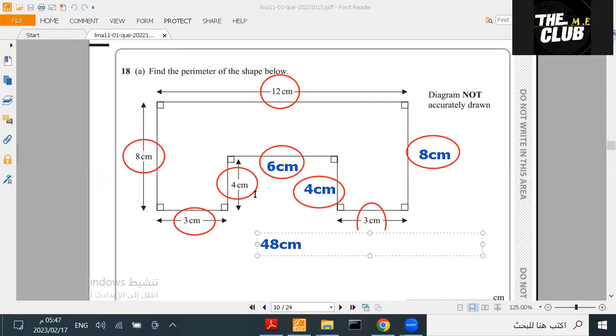This is the perimeter of this shape. So the idea, as we said, is to complete the lines, then add them up together. This is the idea of question 18A. Now let's move on to the next question.